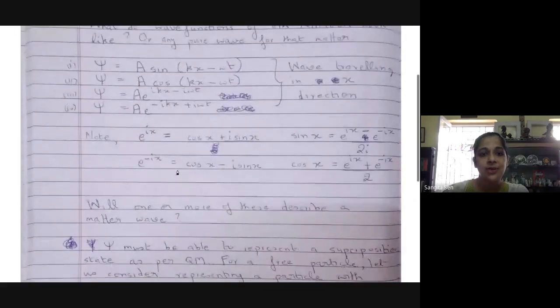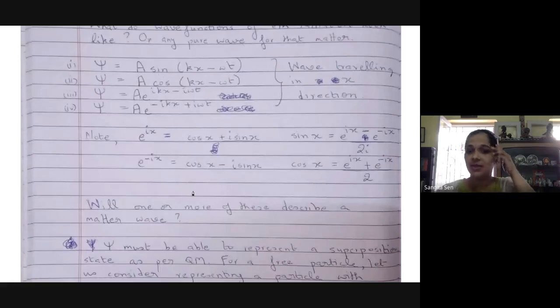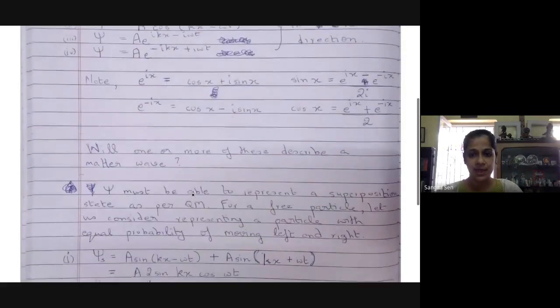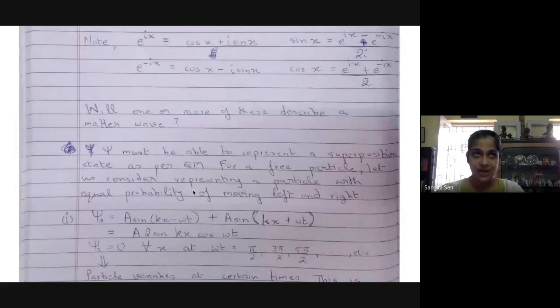Now let's go through each of them one by one and see if they will describe a matter wave. So there is something different about a matter wave than an electromagnetic wave, for instance. For one thing, there is the concept of superposition. So for a free particle, if we do not know anything about it, it can be moving either to the left or to the right.